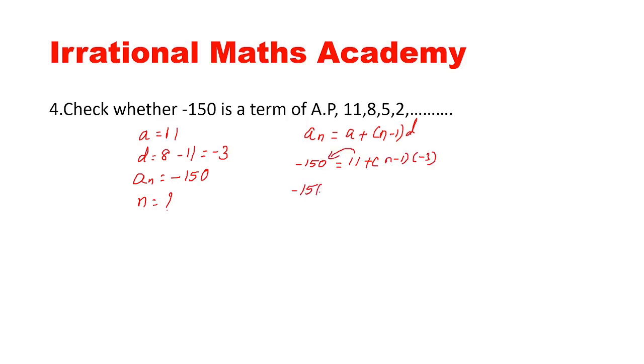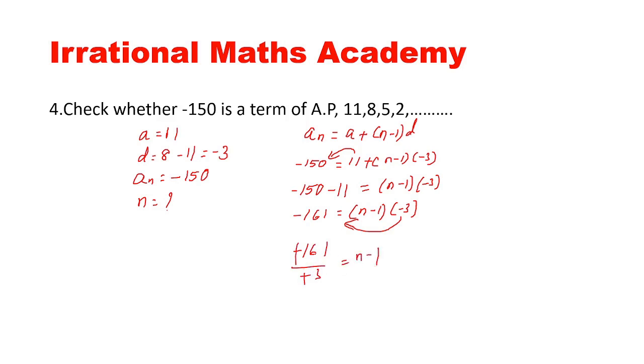Minus 150 minus 11 equal to n minus 1 into minus 3, minus 161 equal to n minus 1 into minus 3. I'll transpose this to this side. Minus 161 by minus 3 equal to n minus 1.